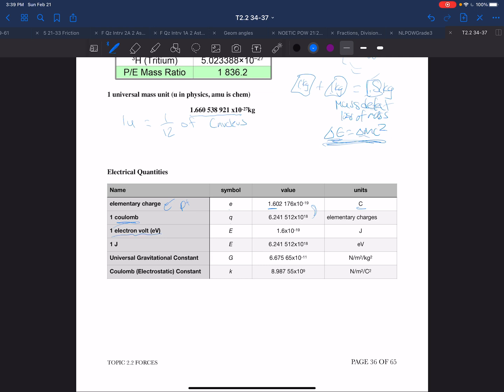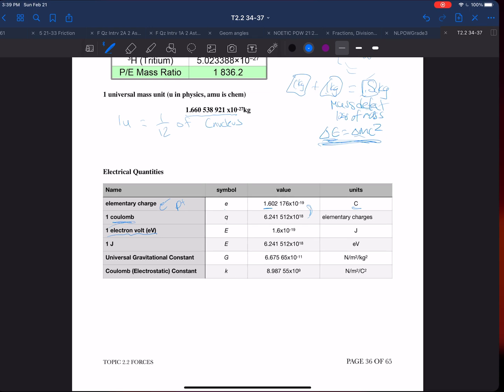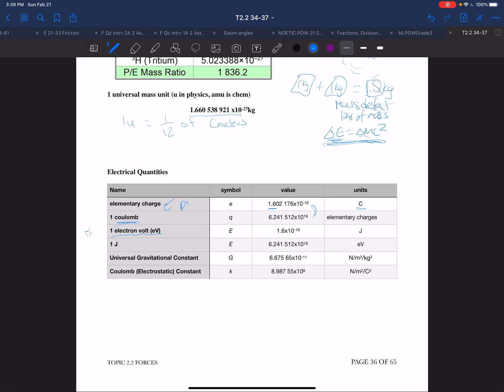An electron volt is a unit of energy on the scale of electrons, just as elementary charge is on the scale of electrons. A coulomb is in a macro scale, a human scale. Electron volts is a unit of energy at an atomic scale.